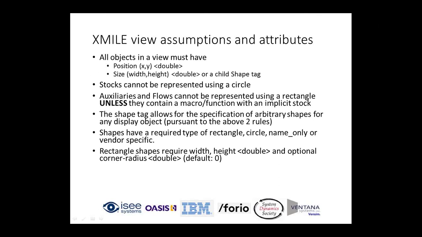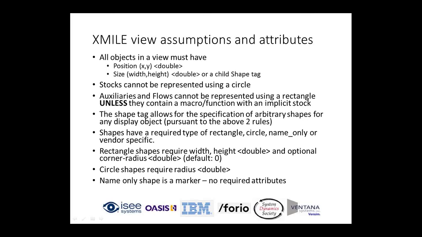Rectangle shapes require a width and a height, and optionally a corner radius. Think of the iSee Systems module, it's a rounded rectangle. Circle shapes require a radius, and name-only shape is a marker. Width and height can be included, but may not be respected by all vendors. And the width and height, if they are included, would affect word wrapping, of course.